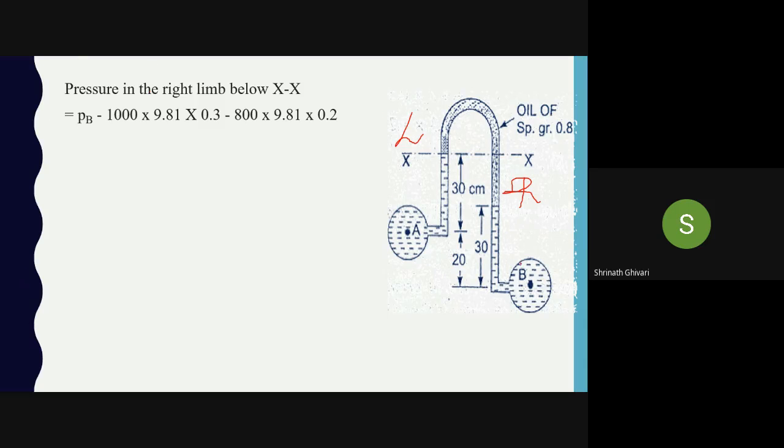Okay. So that is PB minus, what are the two different liquids over here? One is the water, another one is the oil.